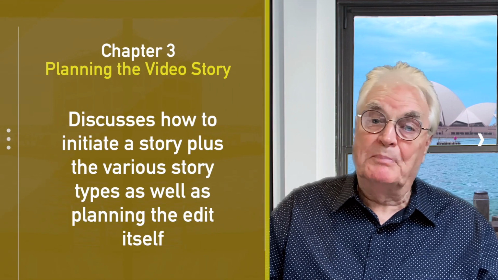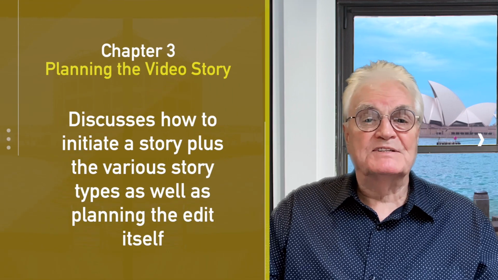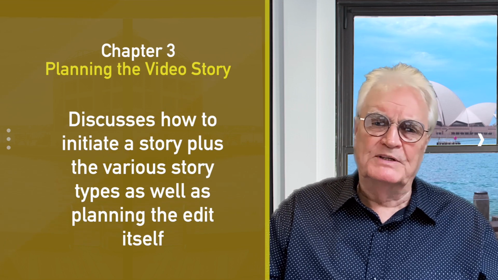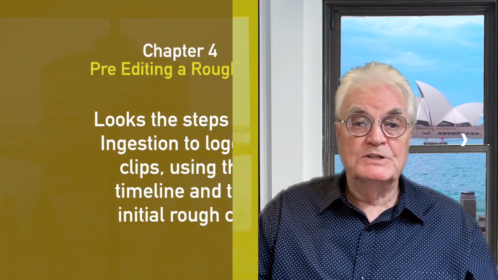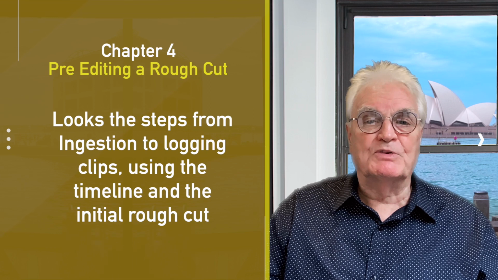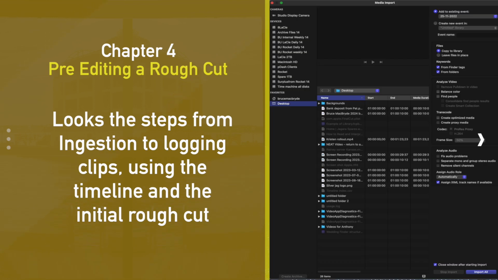Chapter 3, Planning the Video Story, discusses how to initiate a story and the various story types, as well as planning the edit itself. Chapter 4, Pre-editing a rough cut. It looks at the steps from ingestion to logging clips, using the timeline and that initial rough cut.